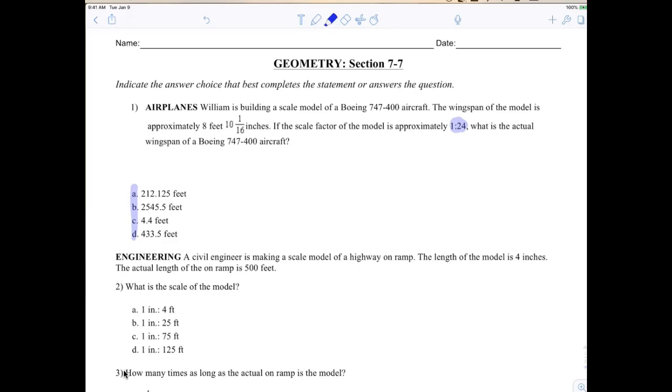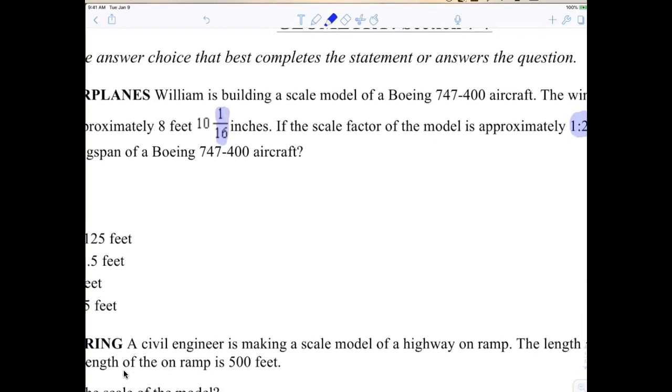So do I really need any inches? No. So I'm curious, how do I write 10 and 1/16 as a foot? What would I do? Put it over 12. You just put it over 12. So you can say 10 and 1/16 divided by 12. Does everybody agree with that?